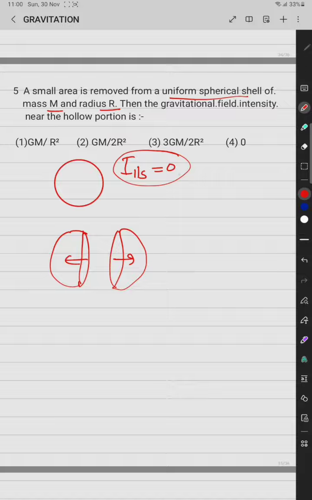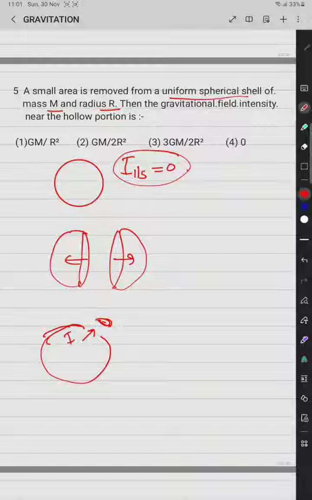Therefore the net field intensity inside is 0. If a small part is removed, then just inside the small part, the intensity due to this small part is towards the part, and the larger part or the whole sphere is inside.